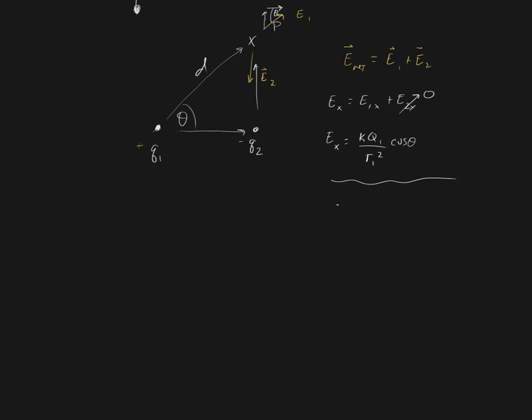And then for the y dimension, what we have is E1 points up, so that's positive, and E2 points down, so that's going to be negative, so that's going to be minus E2y, plus E1y. So E net in the y dimension is going to be K Q1 over R1 squared sine of theta minus K Q2 over R2 squared.